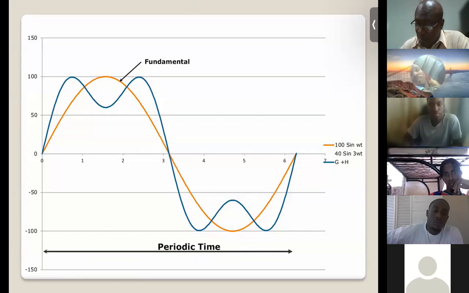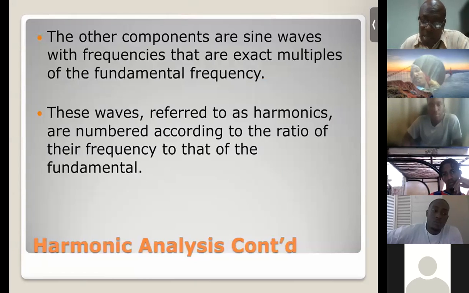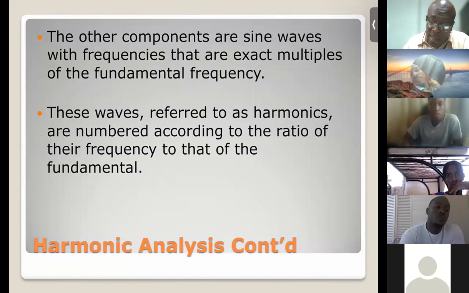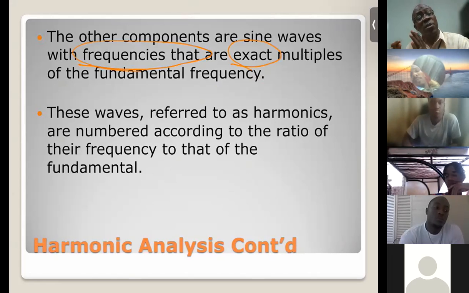There are other waves that are in existence, and these waves, remember I just showed you those that had odd number multiples. In this instance, and just speaking generally, these waves have frequencies that are exact multiples. So for the square wave, we had odd multiples.